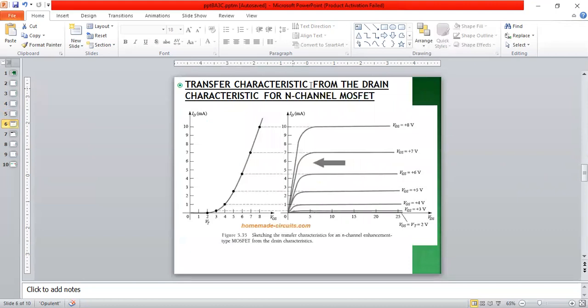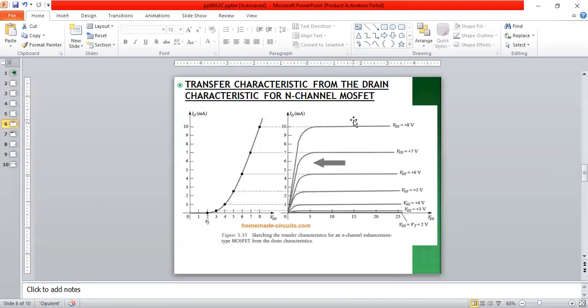Now, transfer characteristics from the drain characteristics for n-channel MOSFET. The drain characteristics is a VDS versus ID graph, but the transfer characteristic is a VGS versus ID graph. So we need to plot VGS on the X axis and ID on the Y axis.